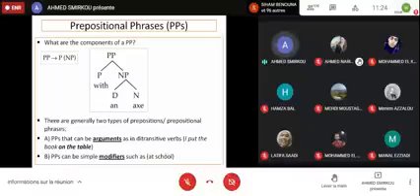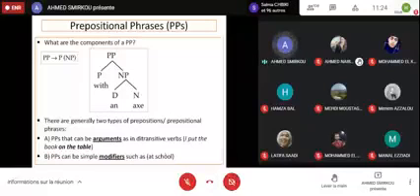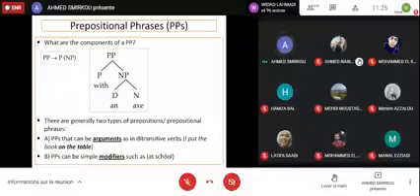So it's not a modifier, it's a complement. Why? Because remember what we said about the arguments. The verb put takes three arguments: the subject I, the first complement the book, and the second complement on the table. While the verb meet requires only two arguments: the subject I and the object him.